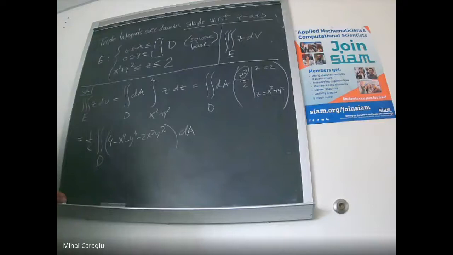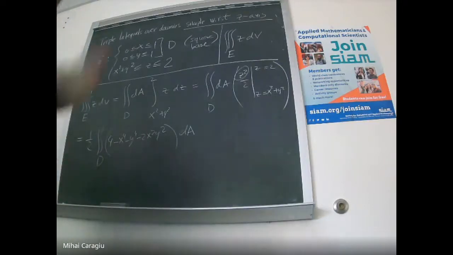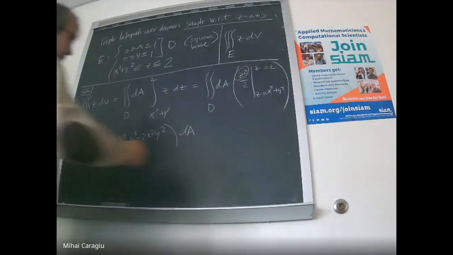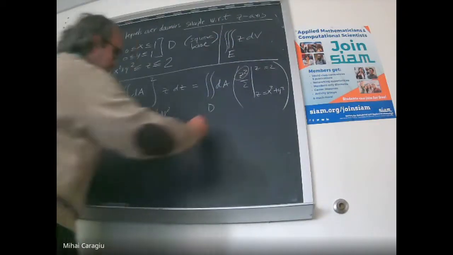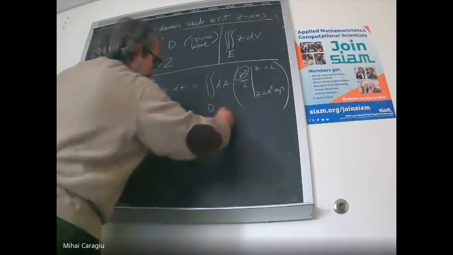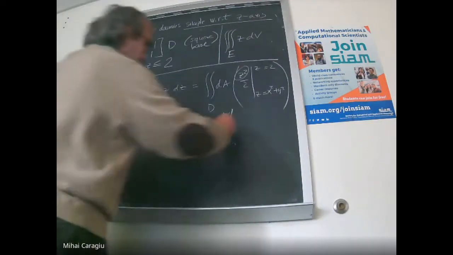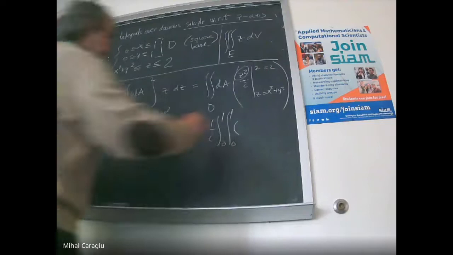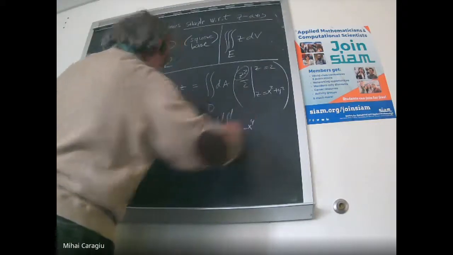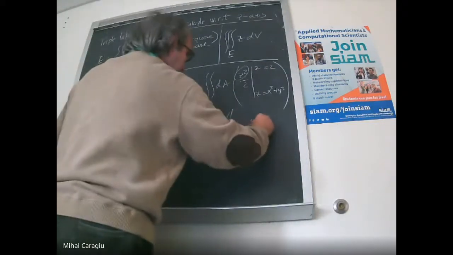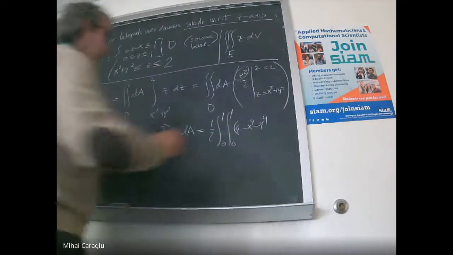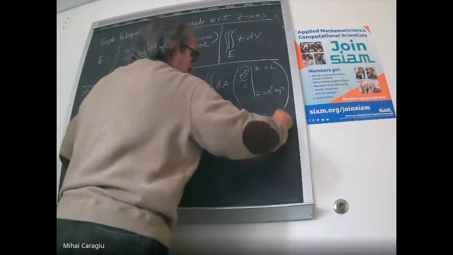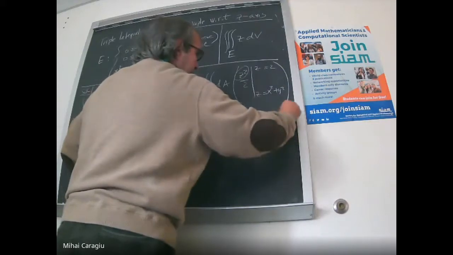Right? Okay, so this is this difference. So we get 1 over 2, integral from 0 to 1, integral from 0 to 1. Let's integrate the x variable first. So 4 minus x to the power 4 minus y to the power 4 minus 2x squared y squared dx and then dy.